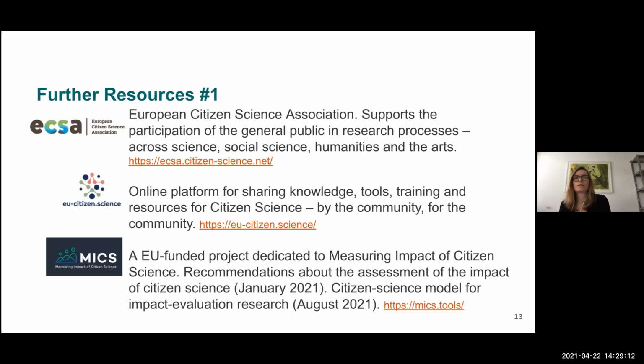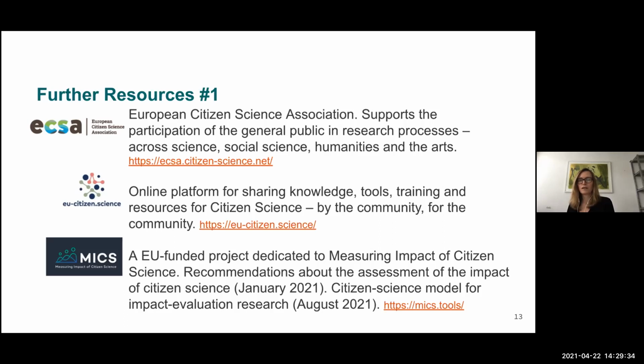There is the online platform EU Citizen Science. I'm pretty sure you have heard of that already, but it's a good place for finding resources. And then there are certain projects funded by the European Commission that are dedicated to evaluation or impact assessment, like the MIX project.